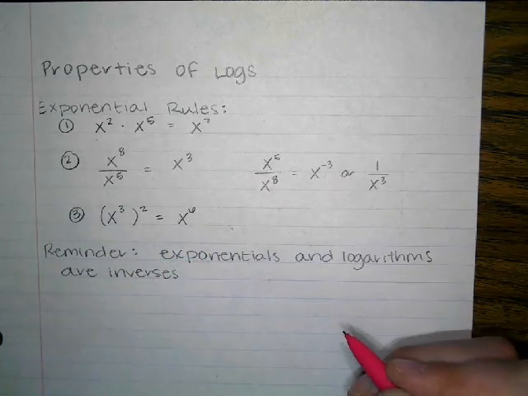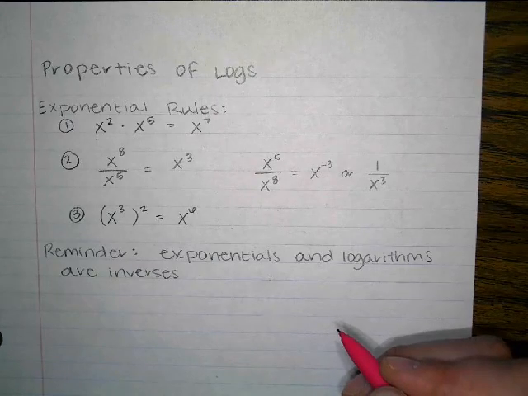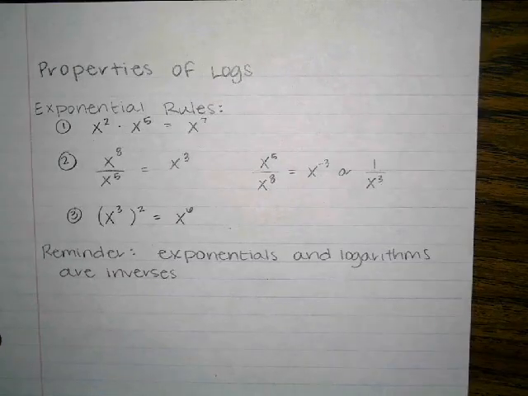And if they're inverses of each other, what does that mean? They're opposites, they're operations that undo each other, they cancel each other out, that sort of thing. Kind of like plus and minus, kind of like multiply and divide.